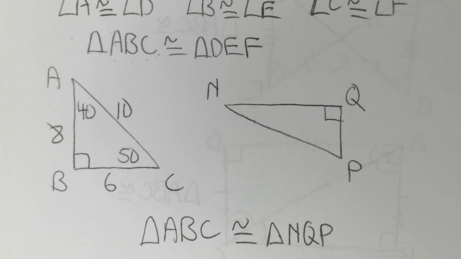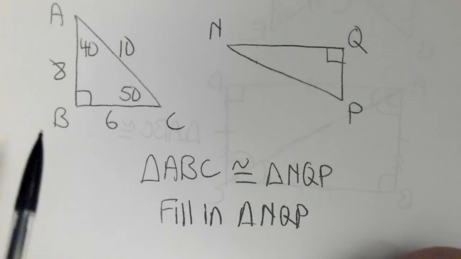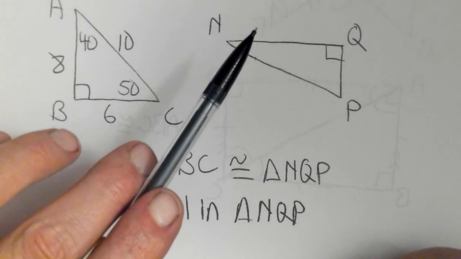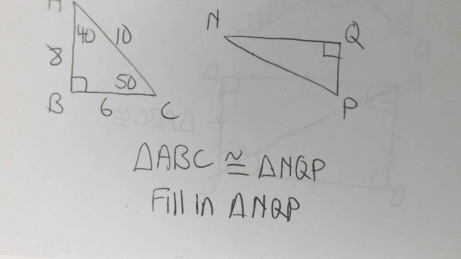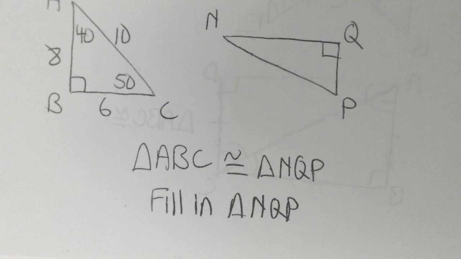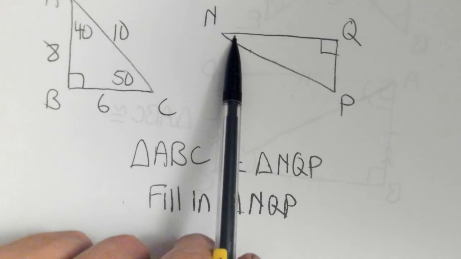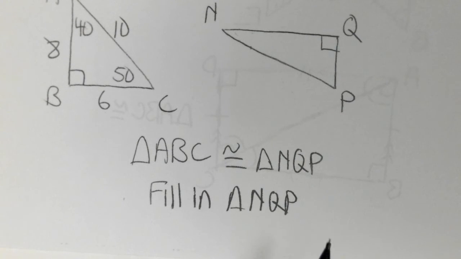Now we've got a congruence statement here that says triangle ABC is congruent to triangle NQP. What I want to do here is fill in all the missing parts, the missing labels, the lengths of the sides and the degree measures of the angles, because they've already told me what parts correspond.